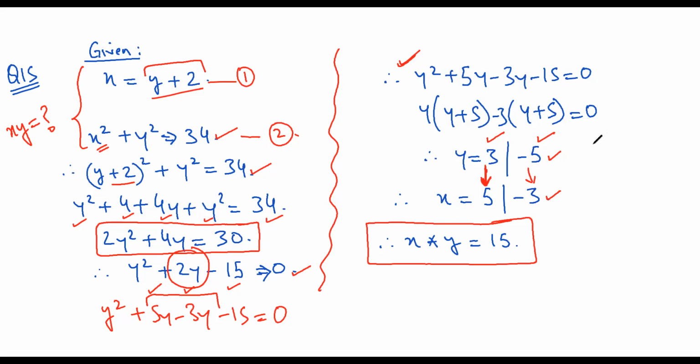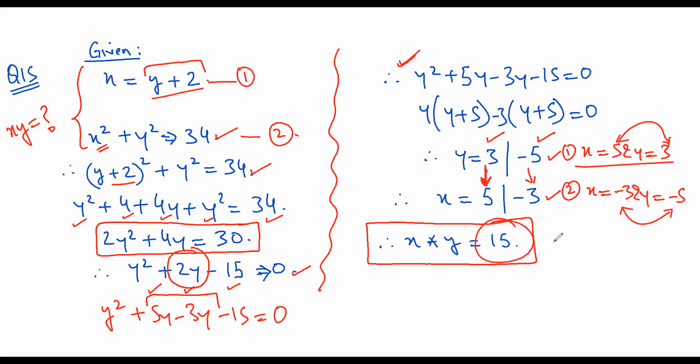No, sir. So basically, you have got these two pairs. x is equal to 5, y is equal to 3. This is one pair. And the second pair that you have got is x is equal to minus 3 and y is equal to minus 5. And if you take the product of either of these, 5 into 3 is 15 and minus 3 into minus 5 is 15.